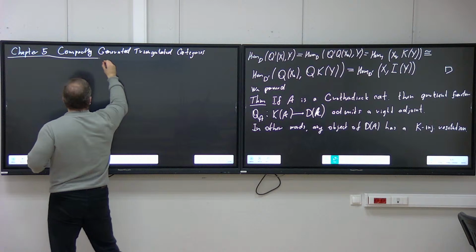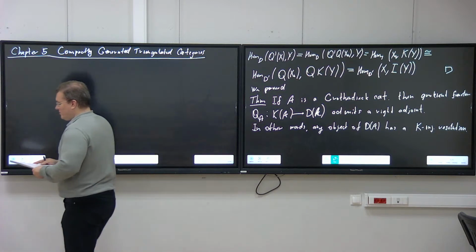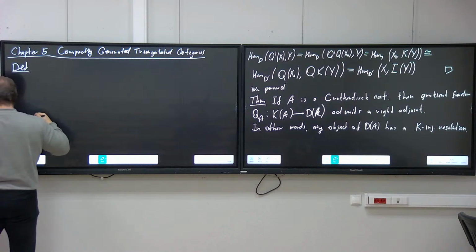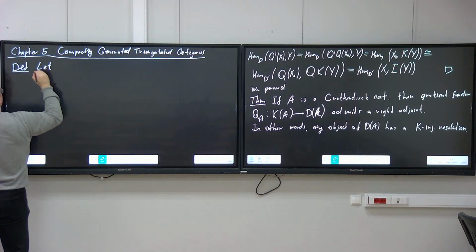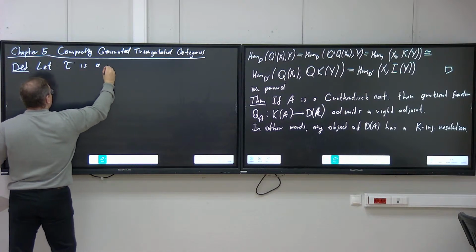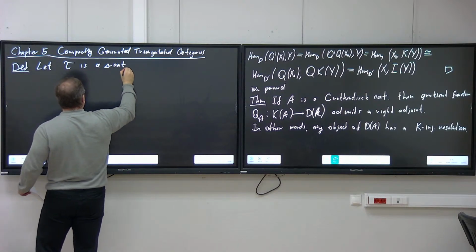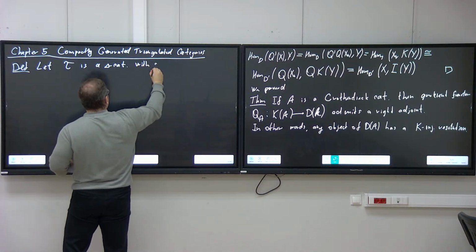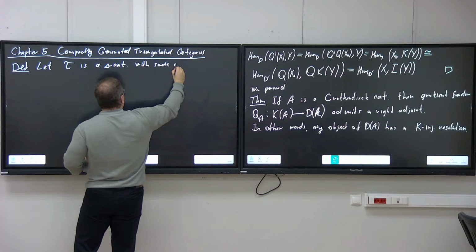Actually, you already know what a compact object is, because I gave you a problem on compact objects in the second assignment, but I will repeat all the definitions. So the definition has several parts. Let's first of all assume that T is a triangulated category with small coproducts.